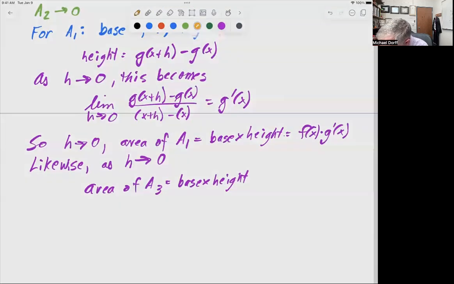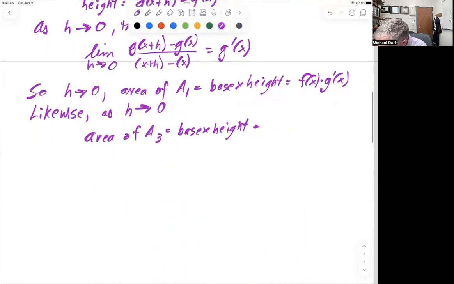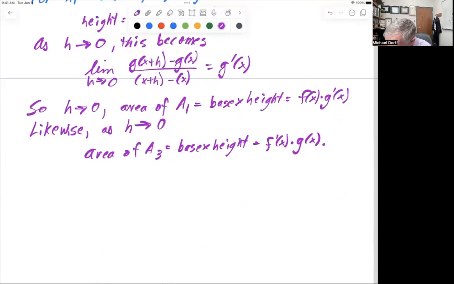That is going to equal the base, which here is f prime, times g of x. Just doing the same type of argument as we did for the area of A1.